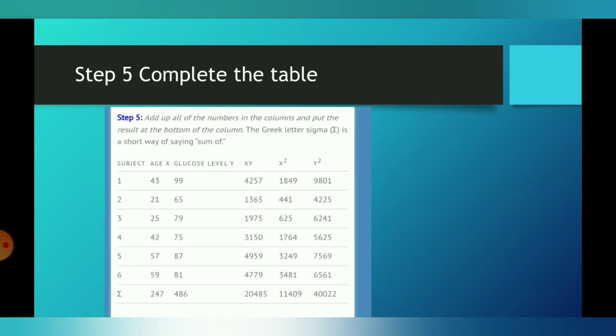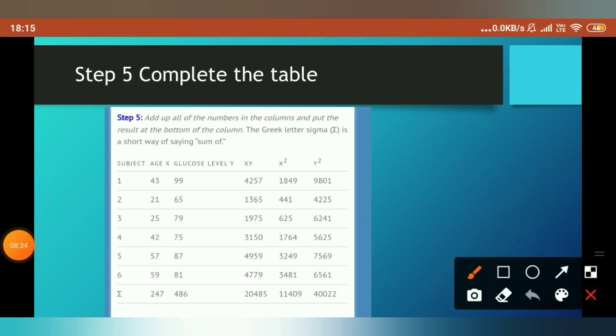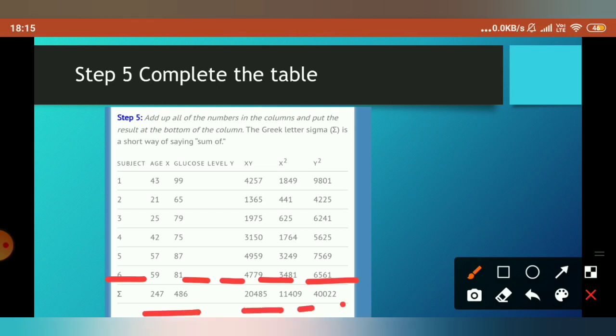Now we have to compute the sums, which means adding all the terms in each column. There are 6 terms in total. So first is sigma x, second is sigma y, this is sigma xy, this is sigma x square, and the last is sigma y square.